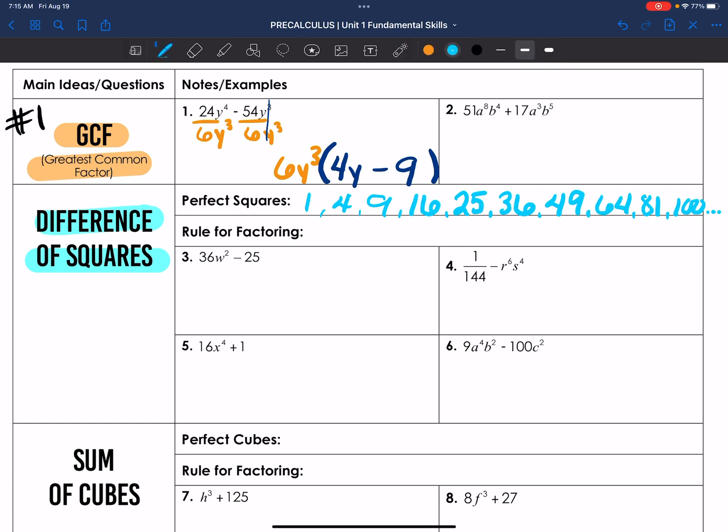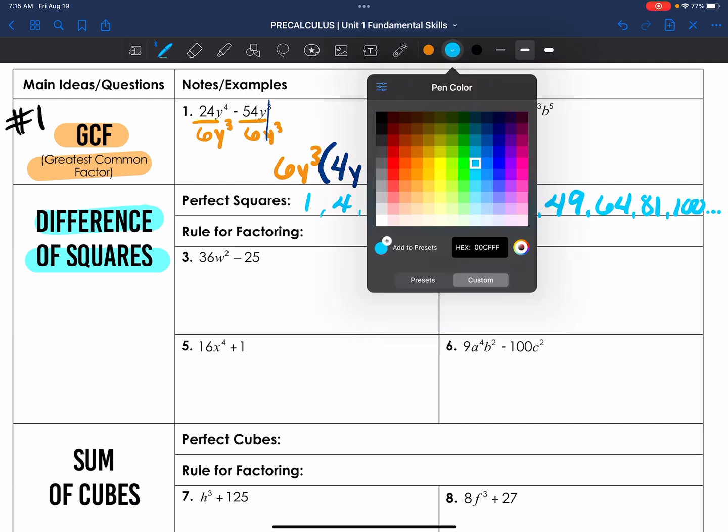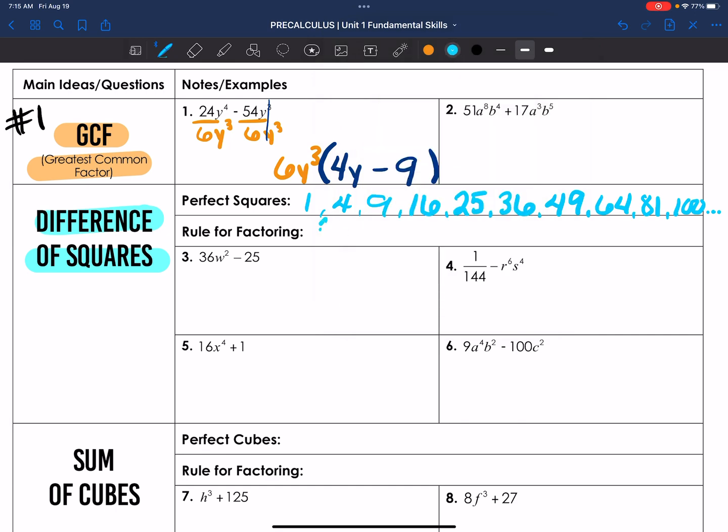Well, ladies and gentlemen, we look for a pattern. Here's the pattern that we're going to try to be identifying. When you have some expression that is a perfect square minus another expression which is a perfect square, the factored result will look like this.